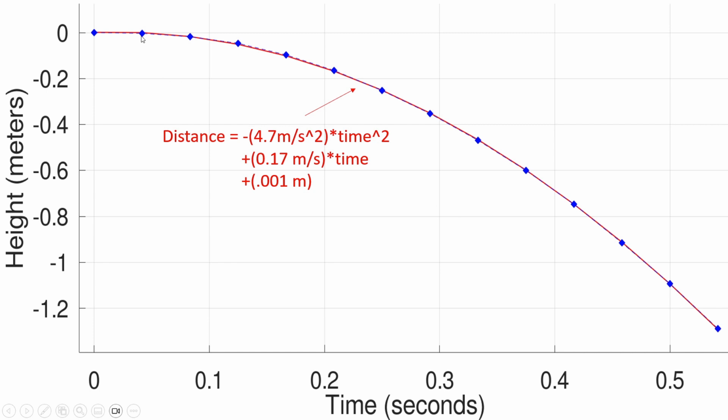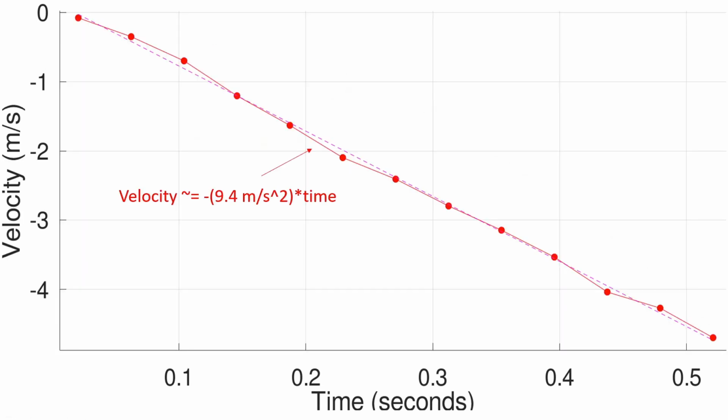So what if we take each of these little distances, say negative point whatever meters that it falls, divided by whatever this time interval is, like 0.6 divided by 14? I can't do that math in my head right now, but it's some short little time interval.